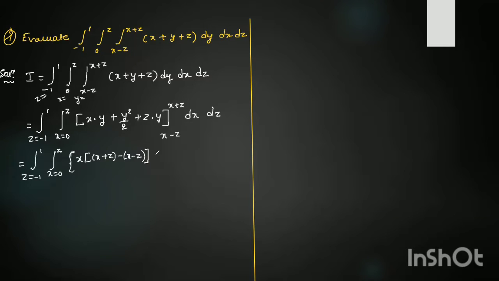Okay, let me close the bracket. Plus 1 by 2, I'll keep it outside. Now x plus z the whole square minus x minus z the whole square. Correct? Let me close the bracket. Plus, what is the last term? Bracket z, x plus z minus x minus z.